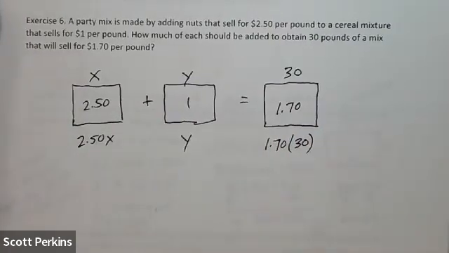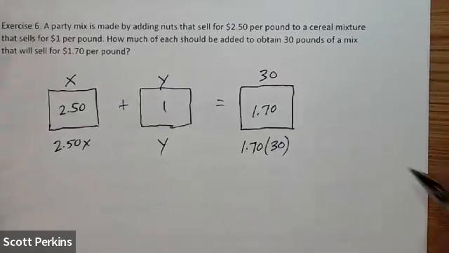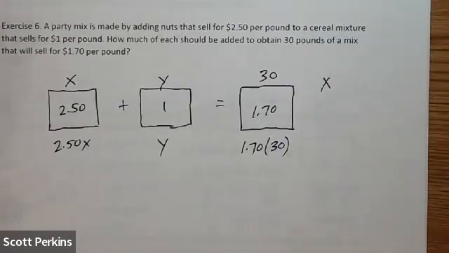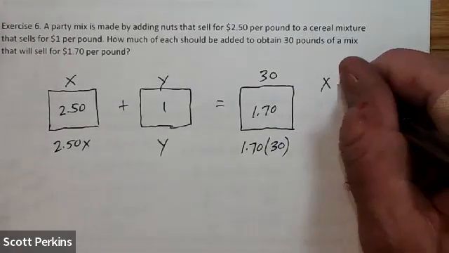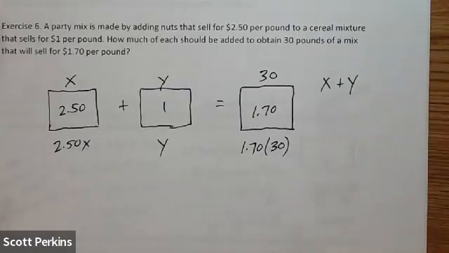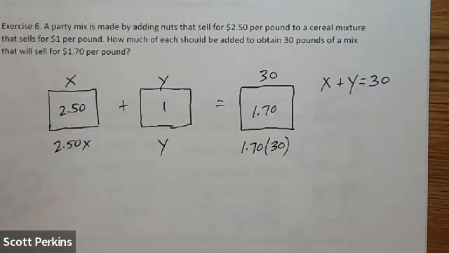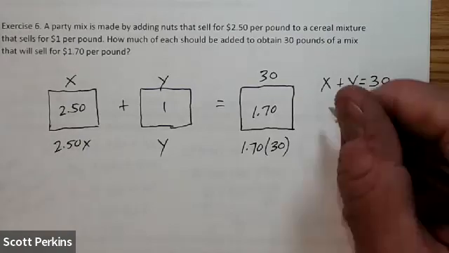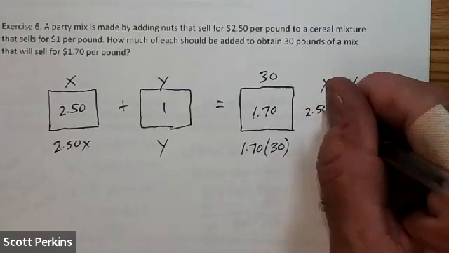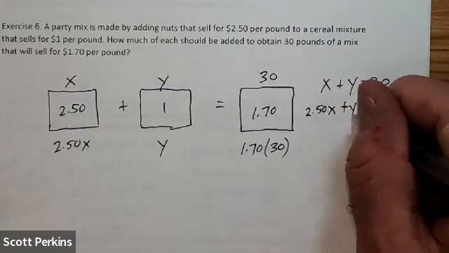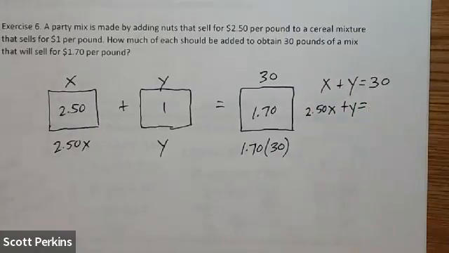So my top equation is just going to be the total amount. It's the amount of $2.50 nuts I'm putting in plus the amount of $1 cereal mix I'm putting in, and that's going to equal 30 pounds. That's all we want to sell. The cost is $2.50 times X plus 1Y, and then $1.70 times 30.